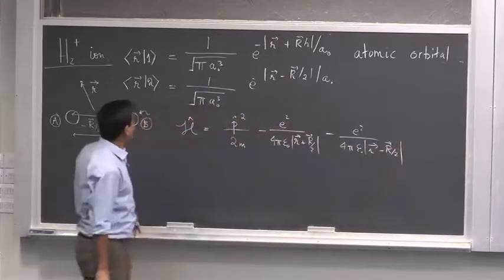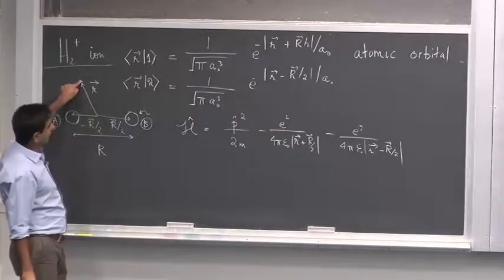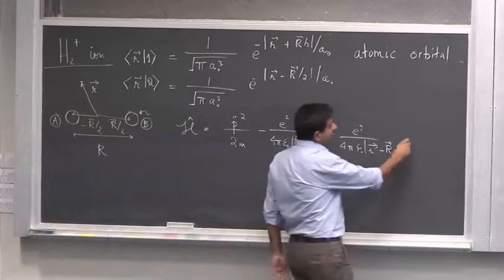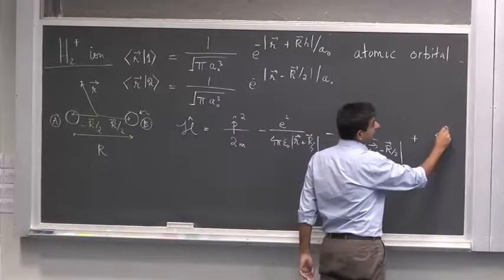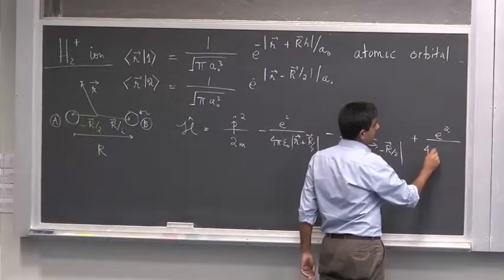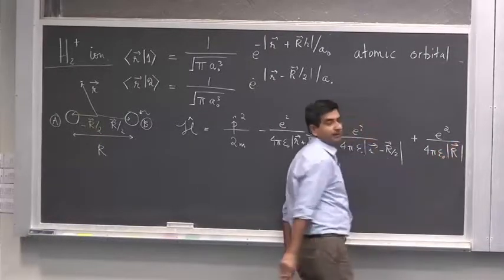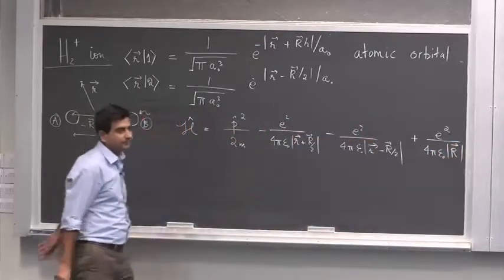So this represents the interaction of an electron with each nucleus plus an electrostatic repulsion between the two nuclei. So this is the Hamiltonian.